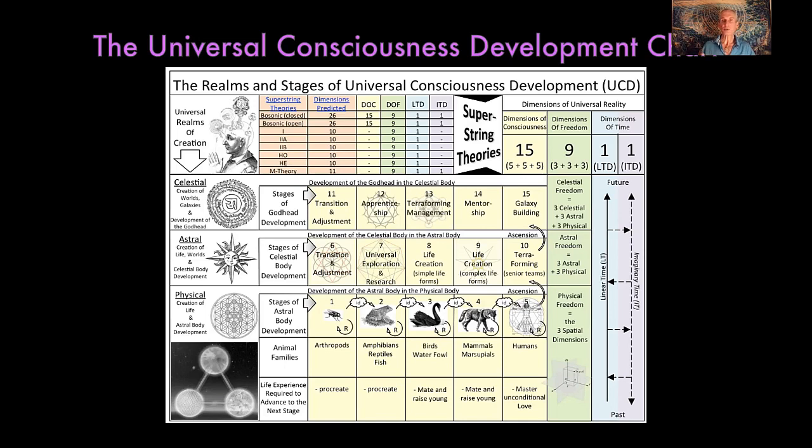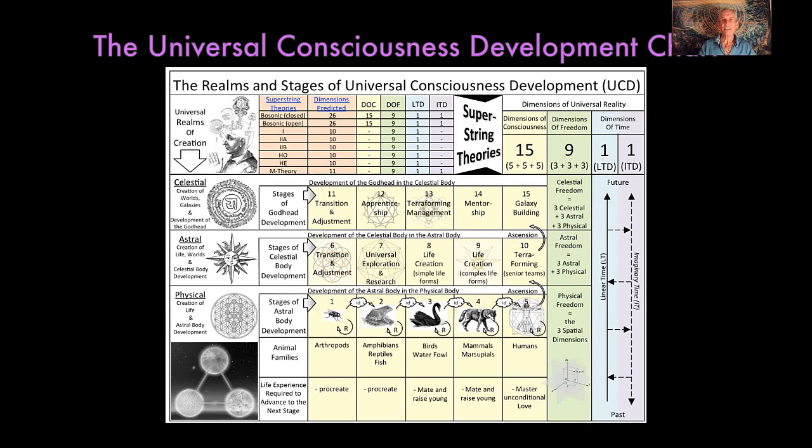And this is what I'm referring to at this highest level of consciousness. So it turns out that according to Tejbar, there are 15 dimensions of consciousness. And I just illustrated some of those in the yellow area.